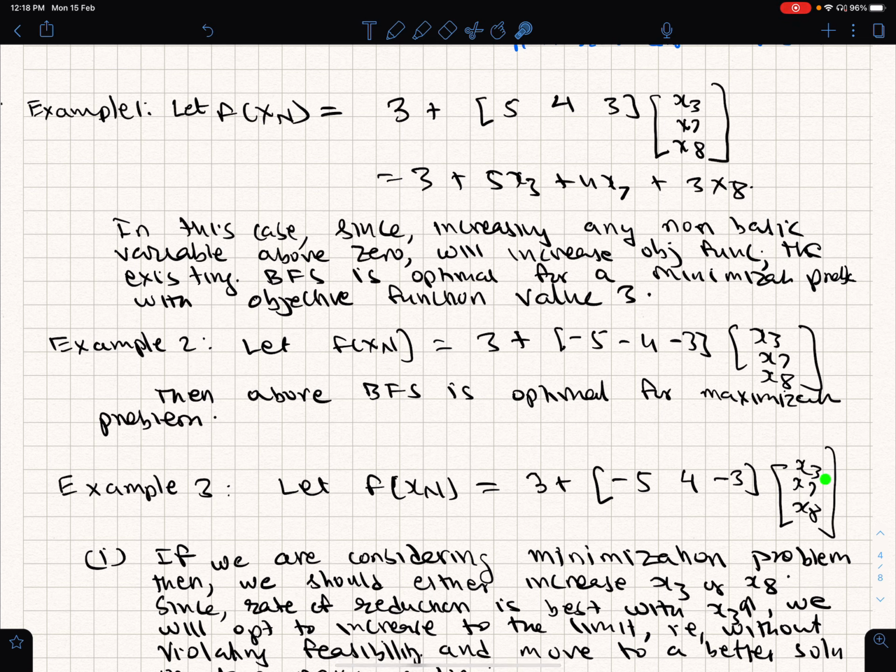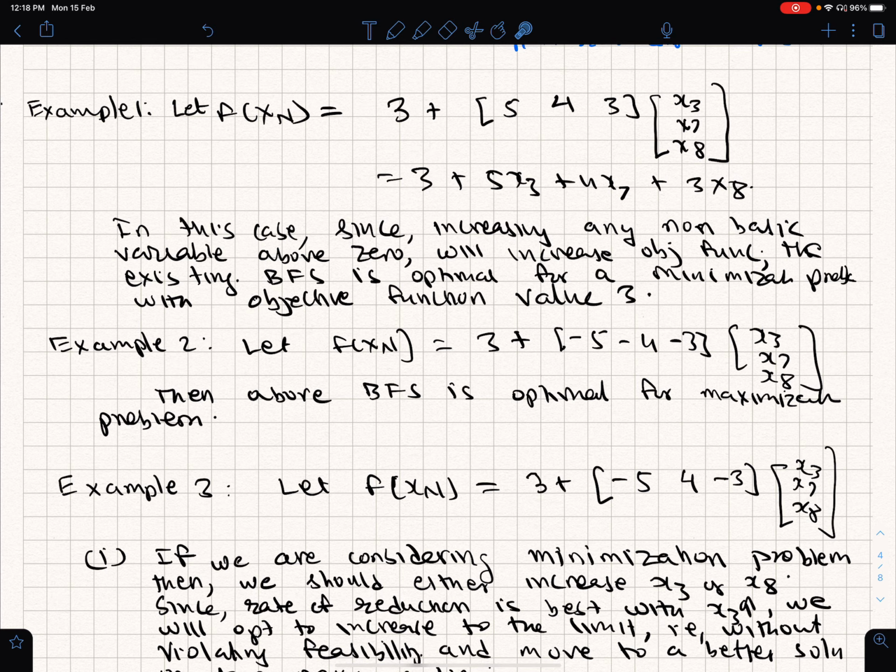A common sense greedy approach is that since x3 gives a bigger rate of reduction, let us increase x3. This is called tie breaking. There are multiple choices available, and I have to choose one. My tie breaking strategy is greedy: I will increase x3 because I get a faster rate of reduction, -5 per unit change of x3, and with x8 I get only -3 per unit change of x8. So I opt for x3.